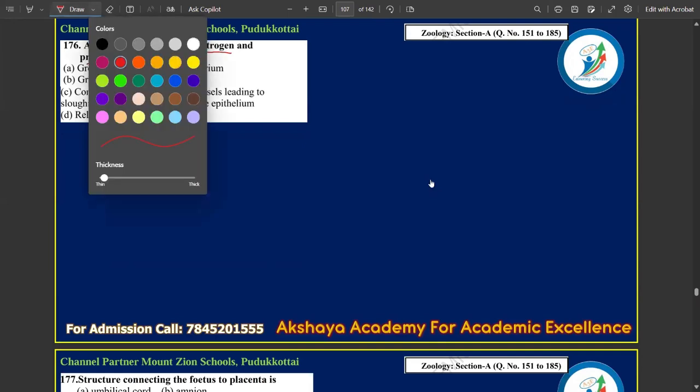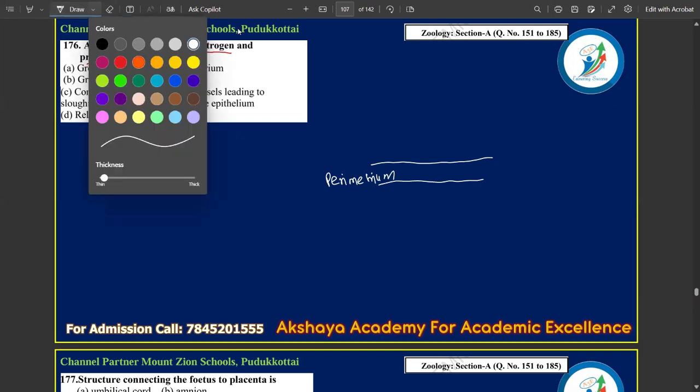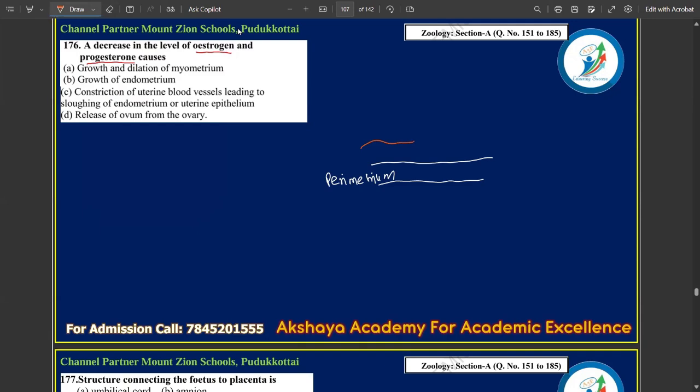So if we see the lining of uterus, uterus consists of three layers. You know that, right? The first one is perimetrium. Then the next layer is myometrium.